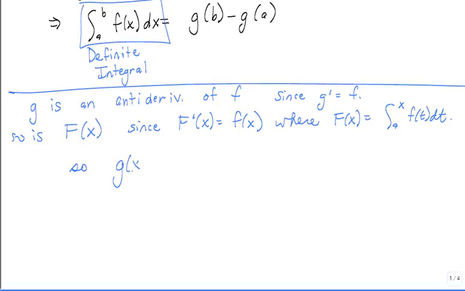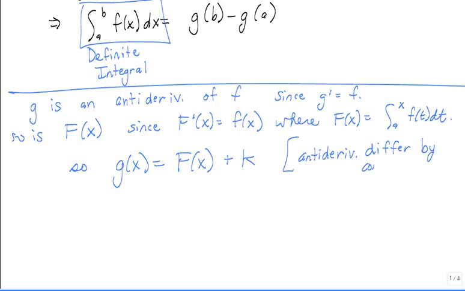So g of x is equal to F of x. The antiderivatives are equal, but they may differ by constants. So you have to remember that antiderivatives may differ by constants, because when you take the derivative of a constant, it's 0. So this is saying that g prime equals F prime. So g of x is the integral from a to x of f of t dt plus that constant.